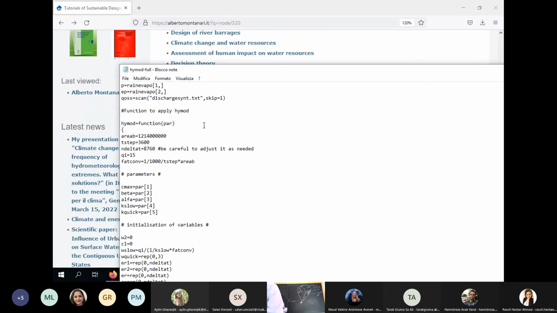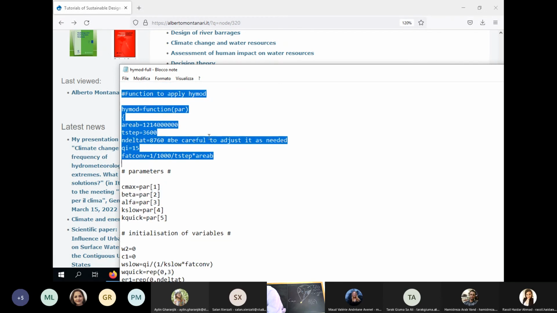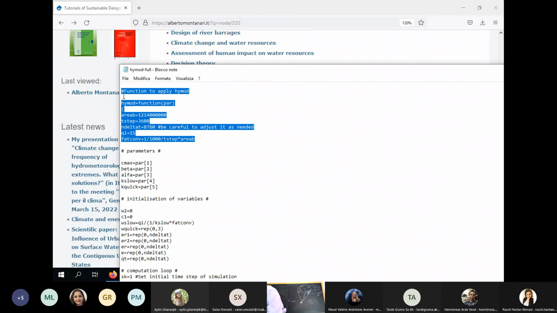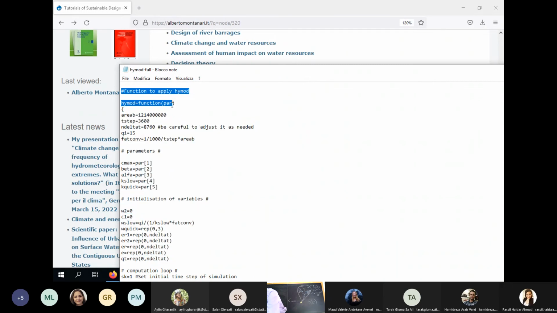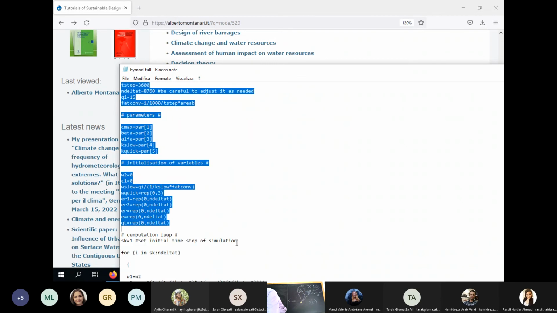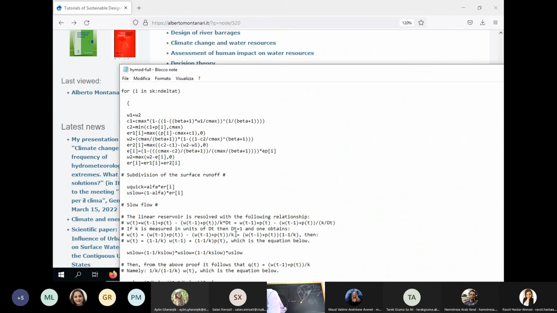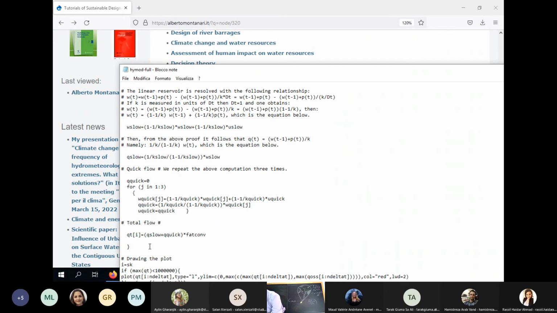And you see that the code applies a function. Let me just increase the font. Or let me just decrease it and let me highlight the function. This is a function which allows me to run IMOD for the considered catchment depending on a parameter vector. And let's look at how long the code is. It is up to here.